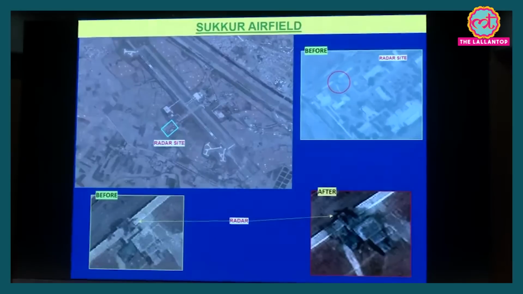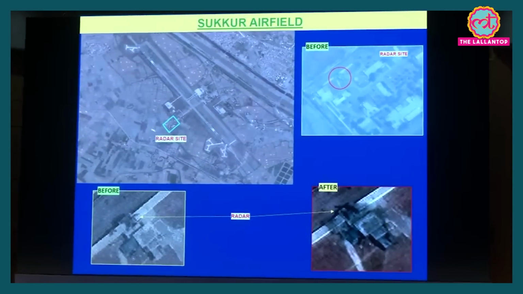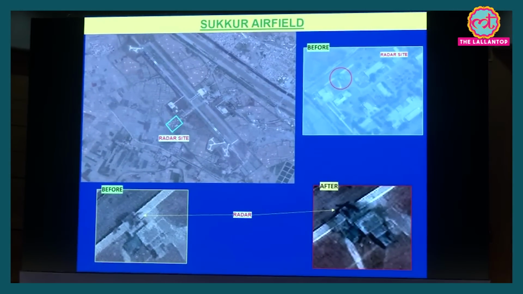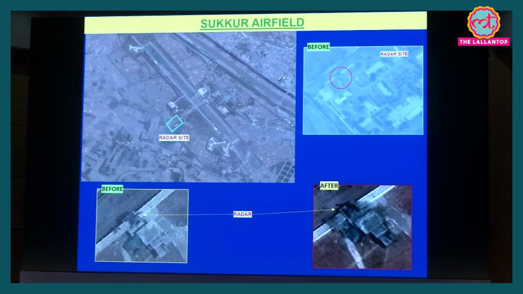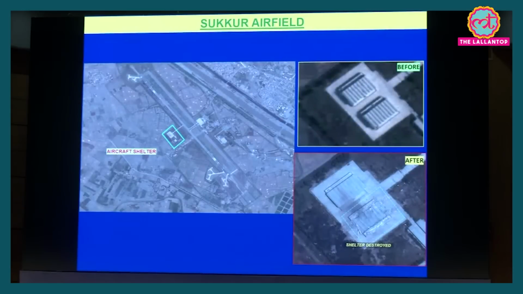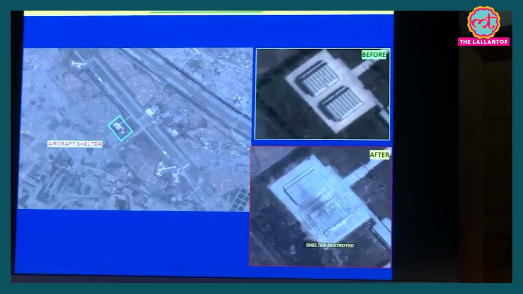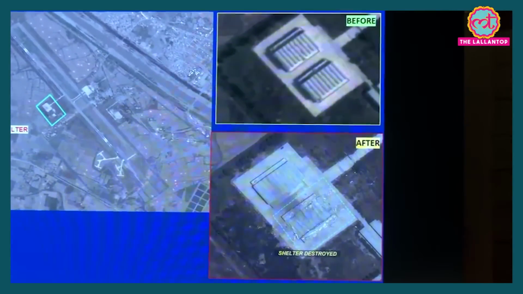Next. Sakar. We chose the radar site at Sakar. This is the radar site, and after it was struck, this is the aftermath, completely burnt out. Next, please. Aircraft shelter. This is how it looked before the strike, and this is how it looked after the strike.